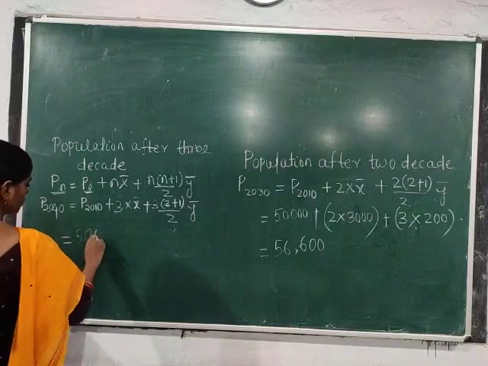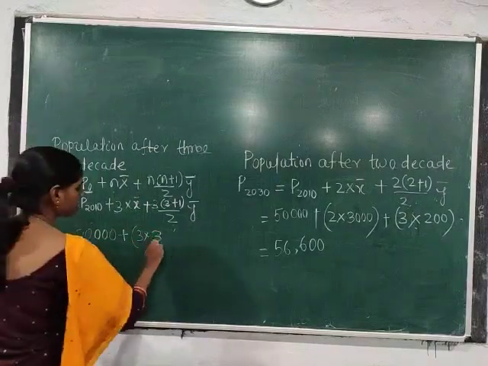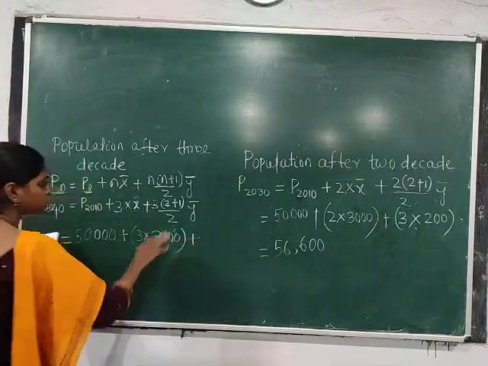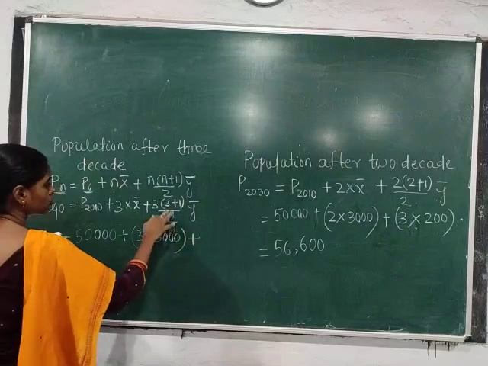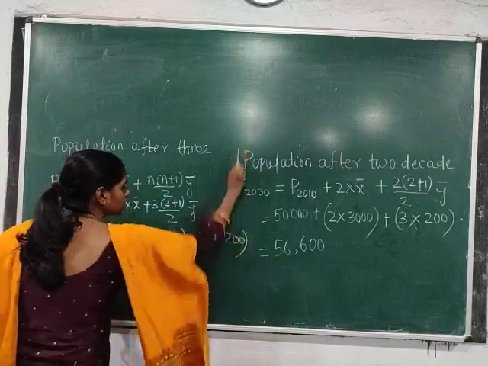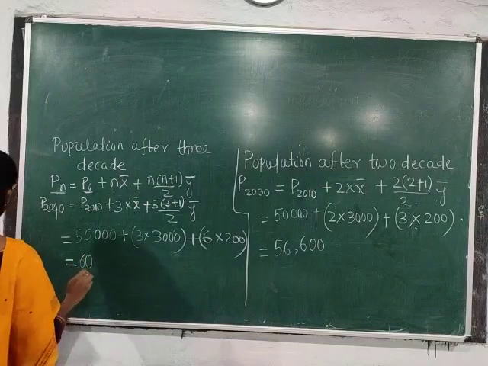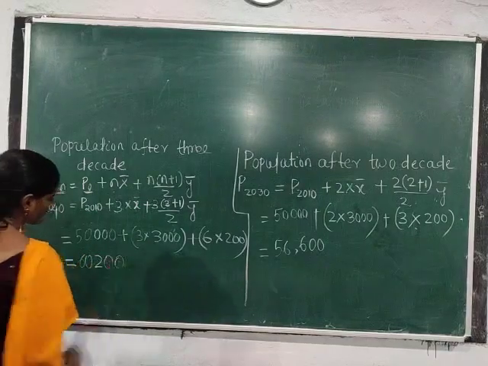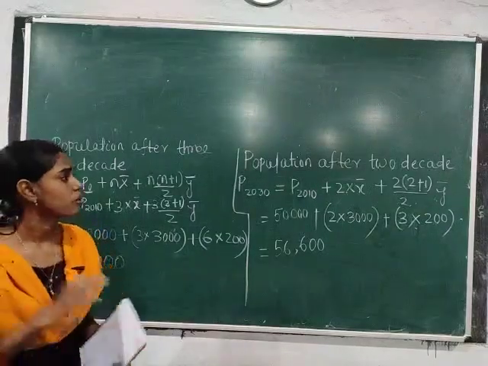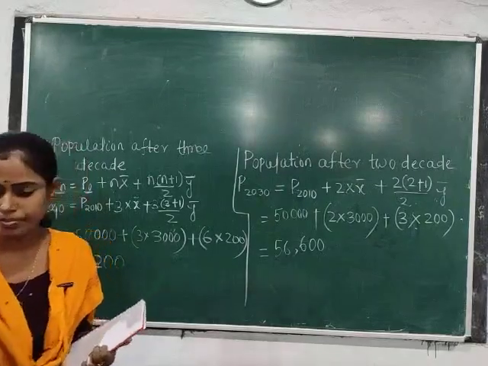So, this one is 50,000 plus 3 into x bar, which is 3,000, then plus this is 4, 2, so this is 6 into y bar, which is 200. So, the result is coming out to be 60,200. So, in this manner we will find out the population in several decades using the incremental increase method.